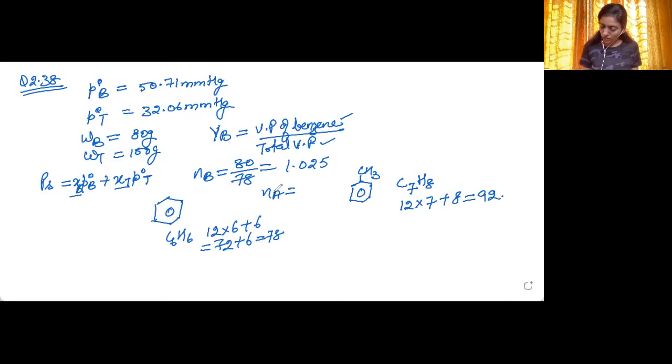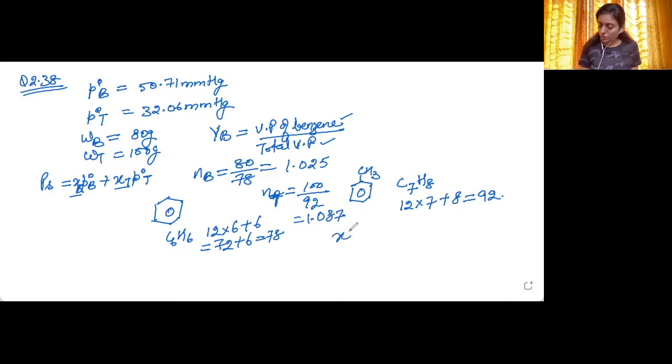So NT, the number of moles of toluene, will be equal to 100 divided by 92, which comes out to be equal to 1.087. So this is the number of moles of toluene.